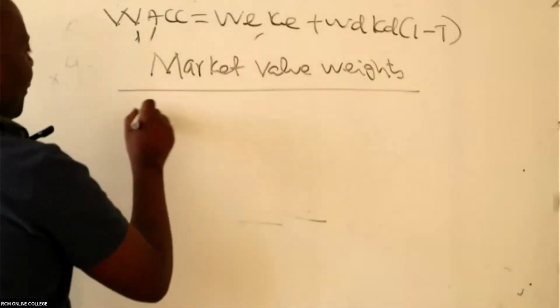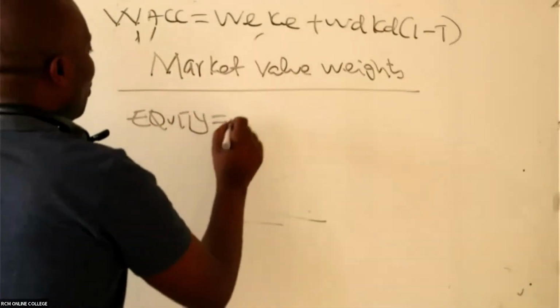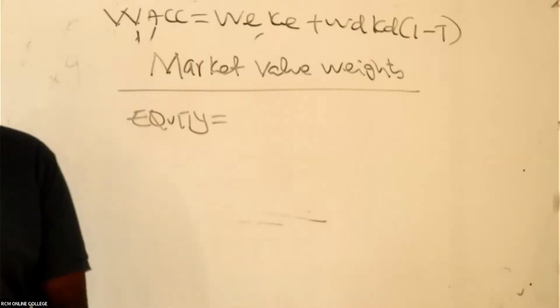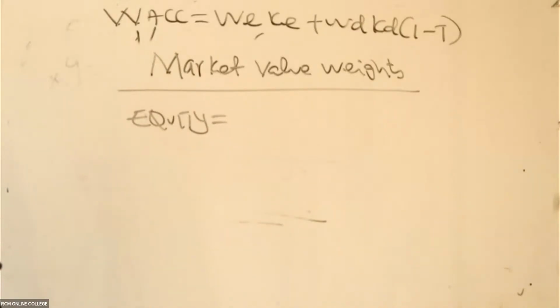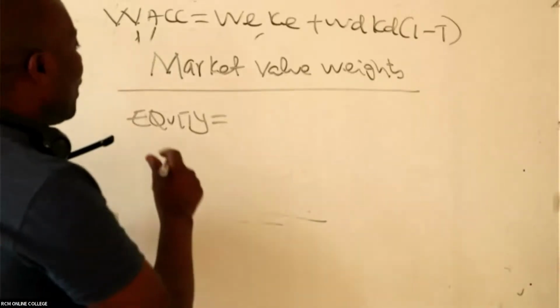So we have everything. I want to know how many shares. They have given us the number of shares in the question. So remember, how do I get market value of equity?